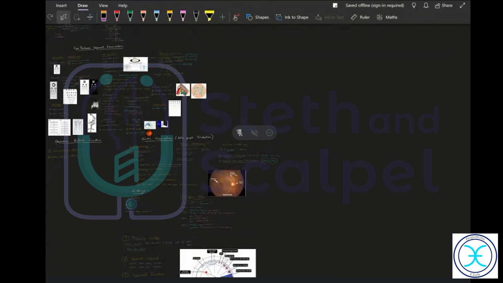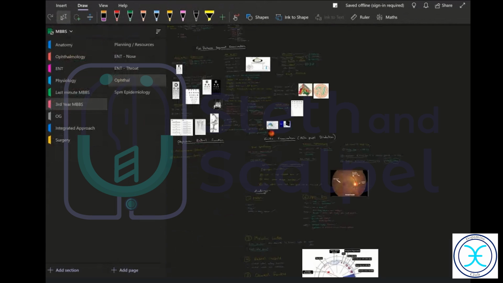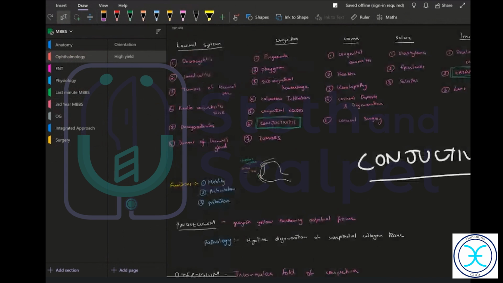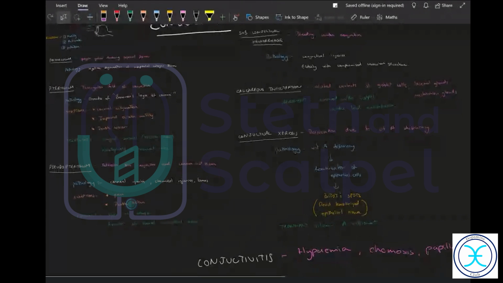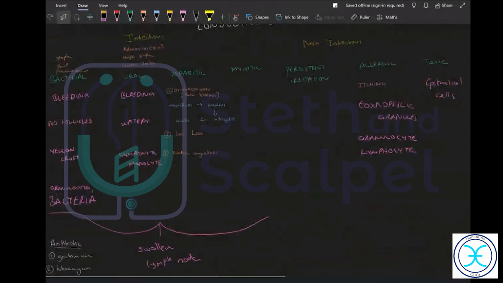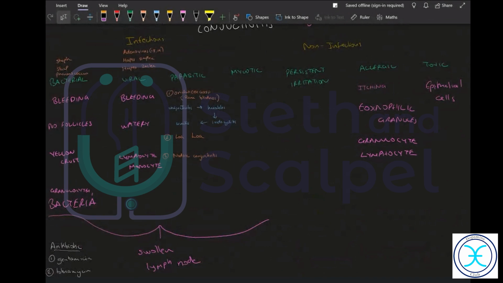So what kind of treatment will you do for any conjunctival disease? Find the cause first. Usually they're going to have epiphora and red eye, right?